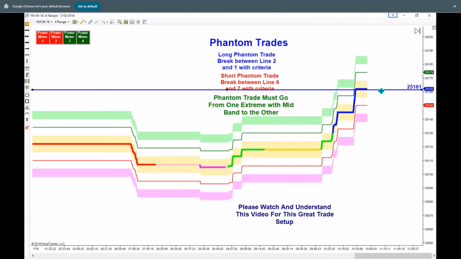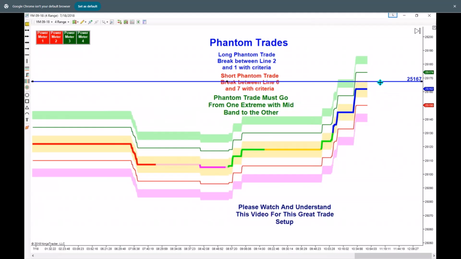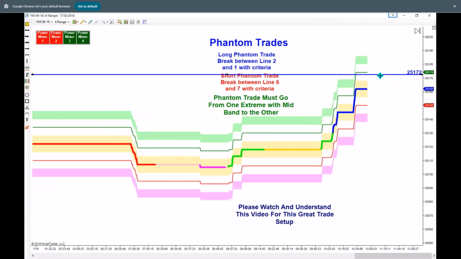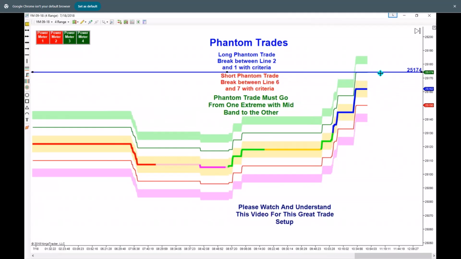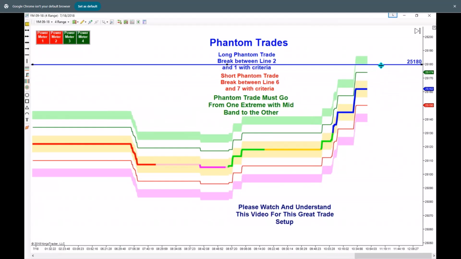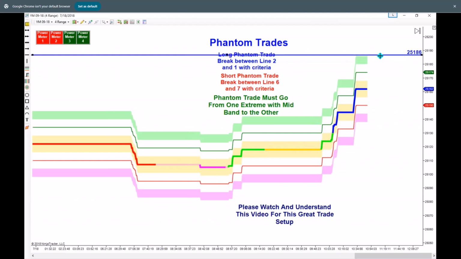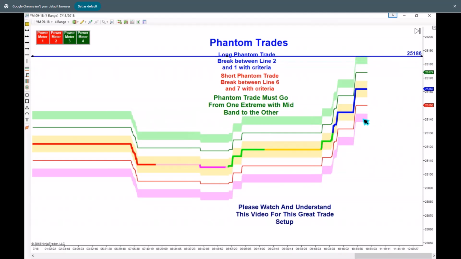Now, when we say mid-band, you're going to automatically assume that this is basically your mid-band type trades. All right, then you have line 5, top of the shadow, line 6, the green line, line 7, the bottom of the top shaded area, and then line 8. So you have 0, 1, 2, 3, 4, 5, 6, 7, and 8.